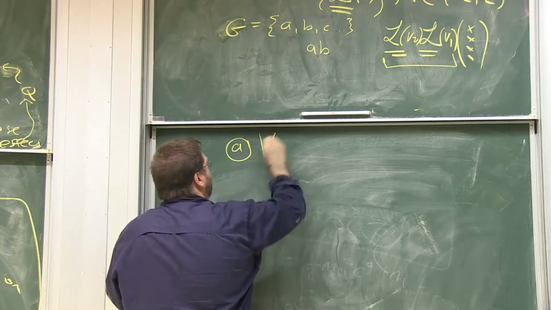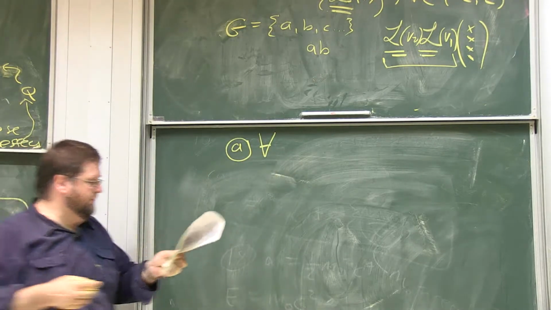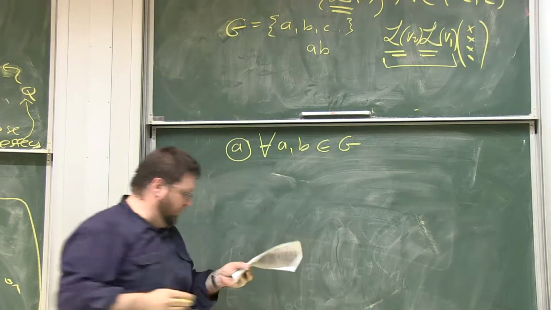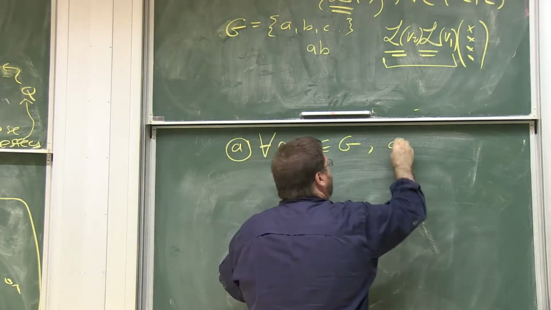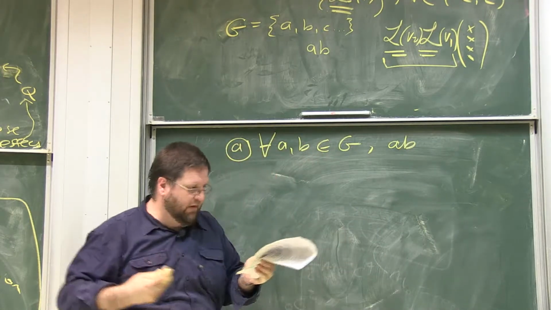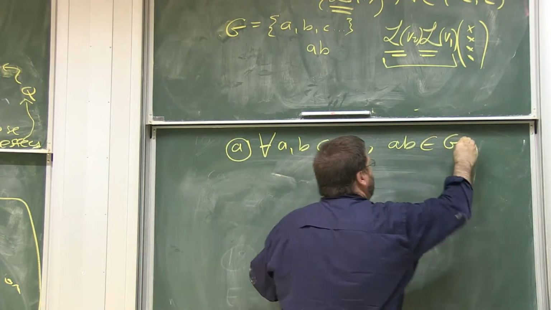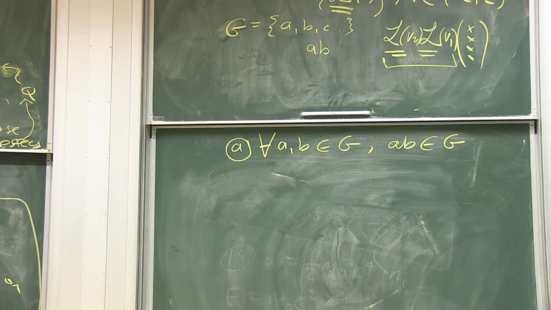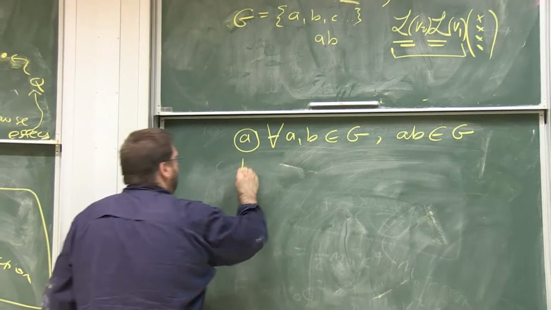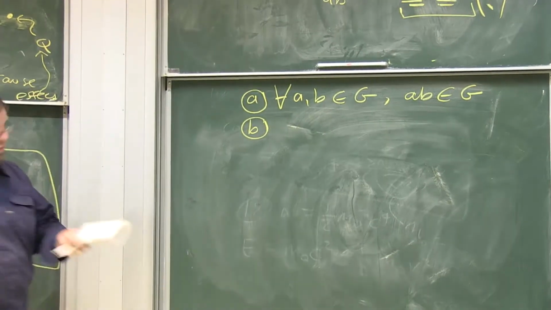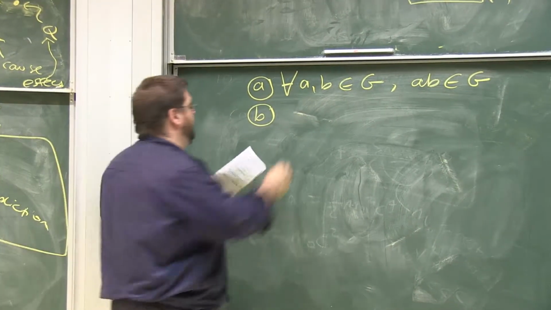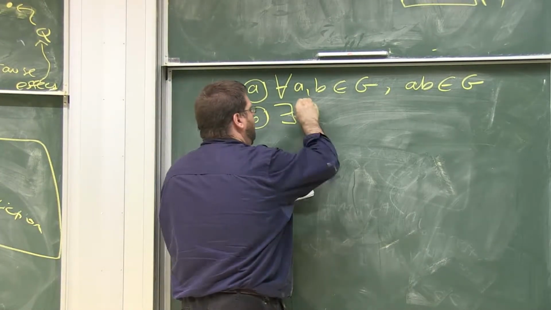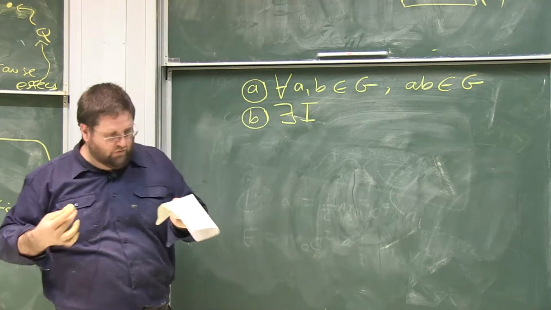So for all, which is the upside down A, for all A and B within the group, the product AB must be in the group. In other words, 2 Lorentz transformations corresponds to a third valid Lorentz transformation. The second axiom that you'll need to prove is that there exists, now that's a backwards E, so there exists a unit element, which we call I for unit or 1.